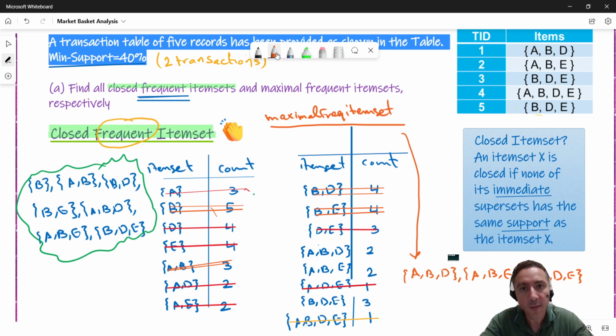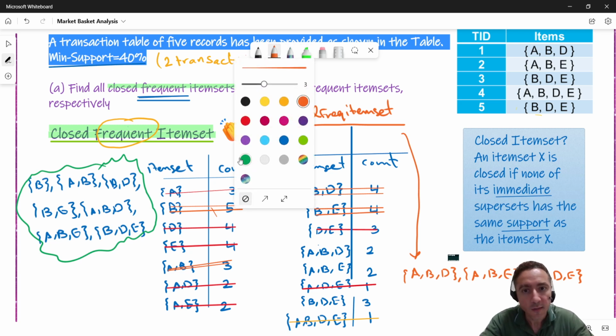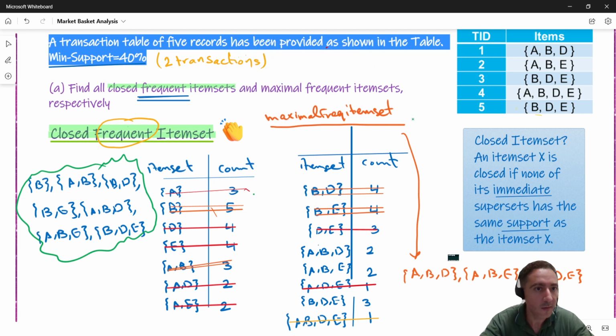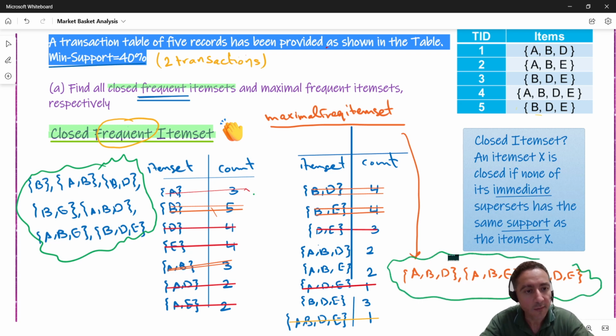I hope I don't have any mistake, but I did calculate the counts correctly for all. You got the idea. The idea is the same. So this is for the maximal frequent item set. As you notice, they are part of the closed frequent item sets.